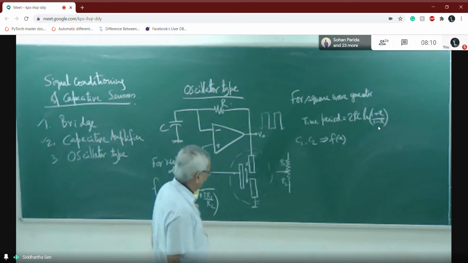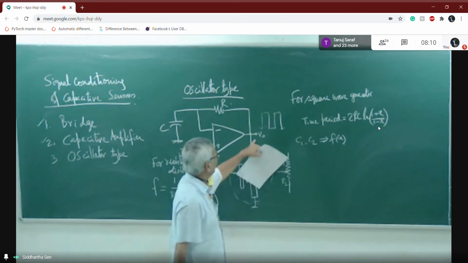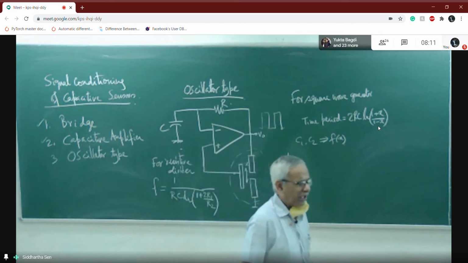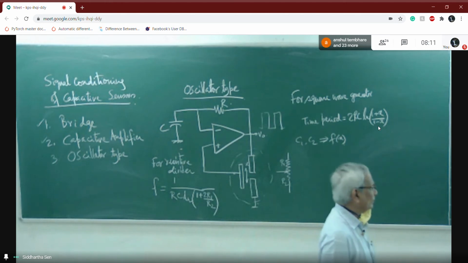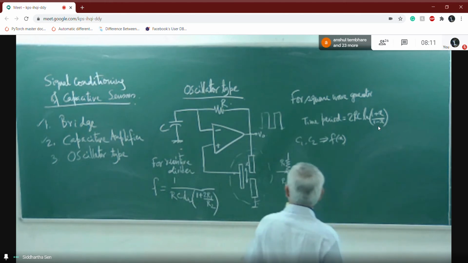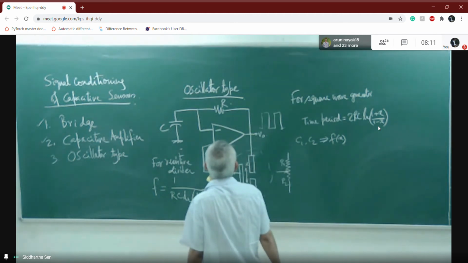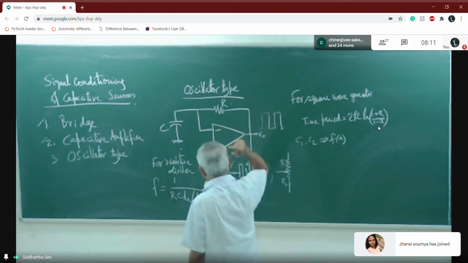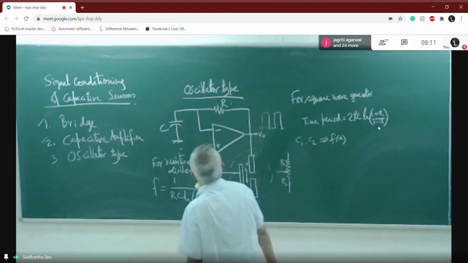As the input to the sensor changes, the frequency will change. We just measure the frequency and relate it to the capacitance. The major advantage of the oscillator type is that it can go to a very high frequency, and the circuit is simple.